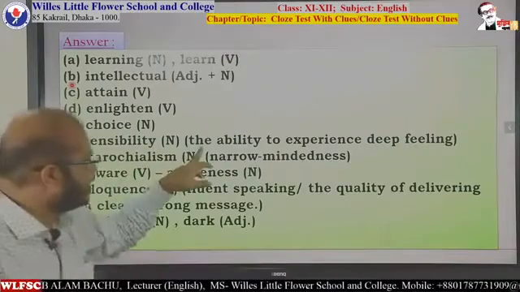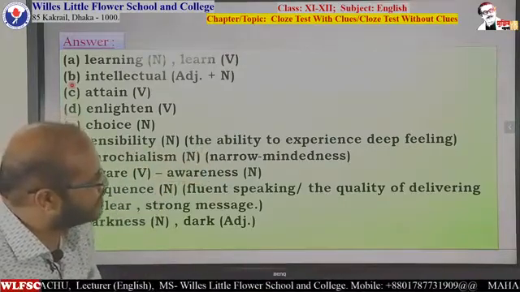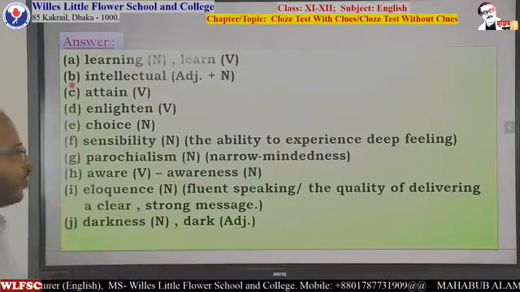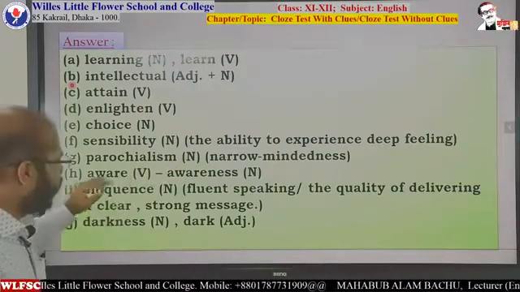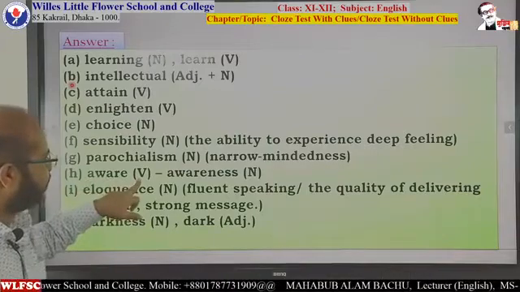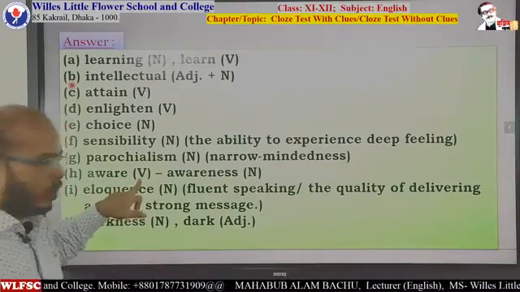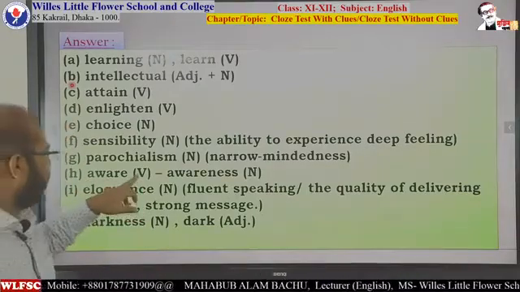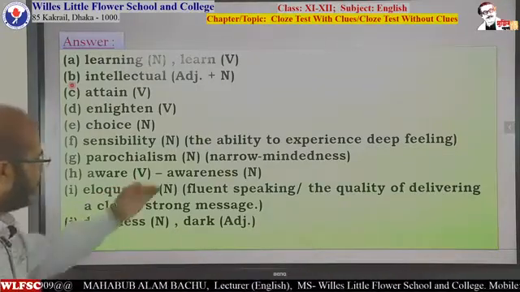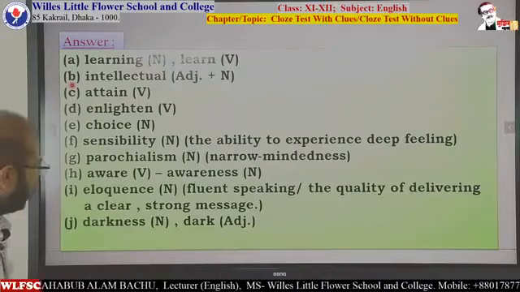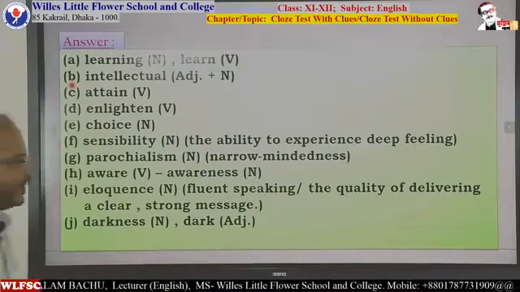You can see the meaning, the ability to experience deep feeling, you can call it sensibility. Parochialism, you have already got it. Err, verb form, although we can make it noun form, awareness. Eloquence, noun form, and darkness, noun form.